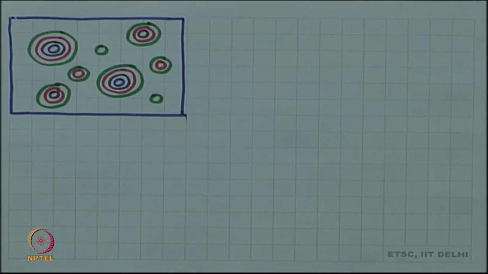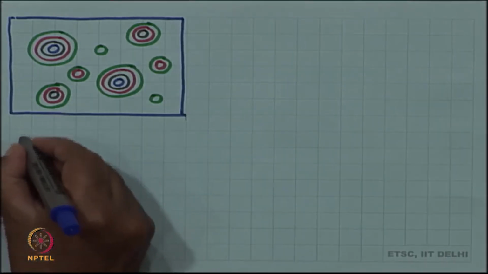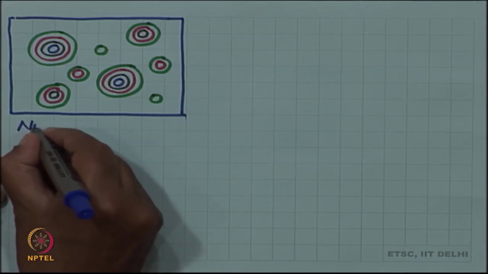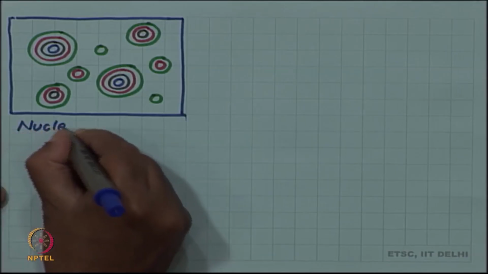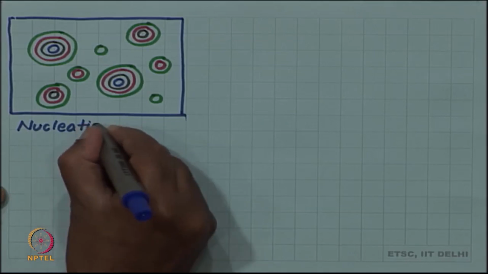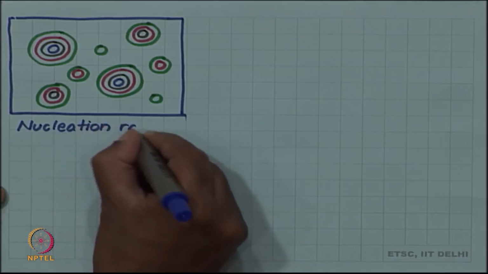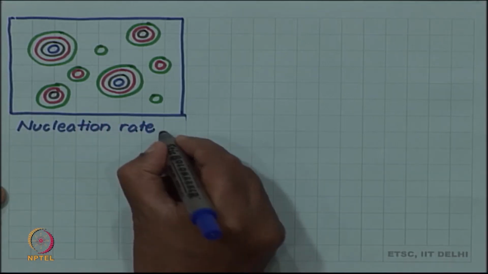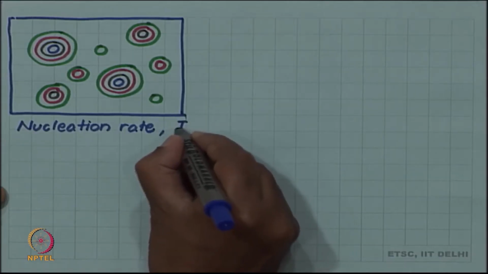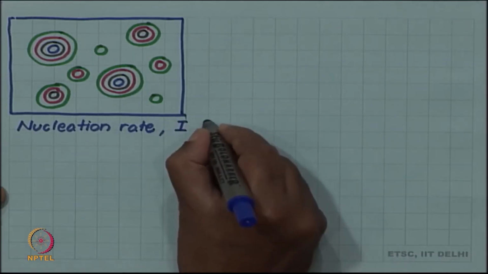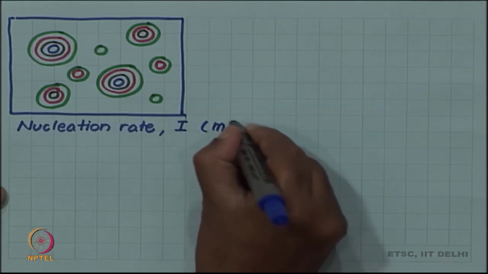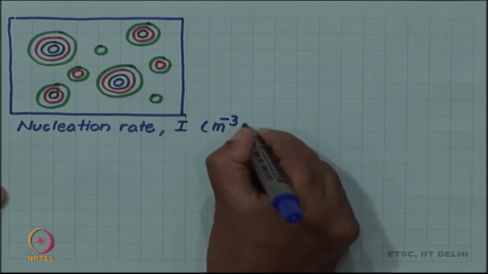So, let us define nucleation rate. We will use the symbol I and its units will be per meter cube per second.